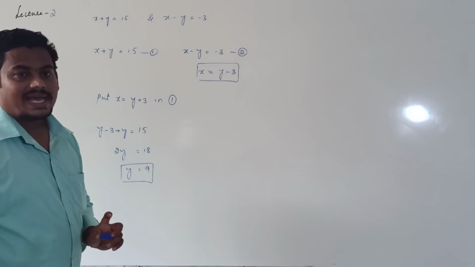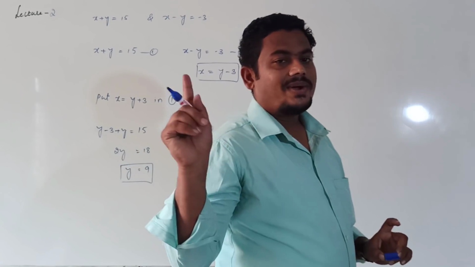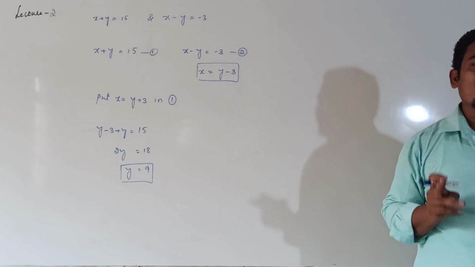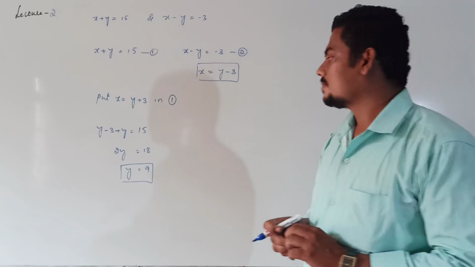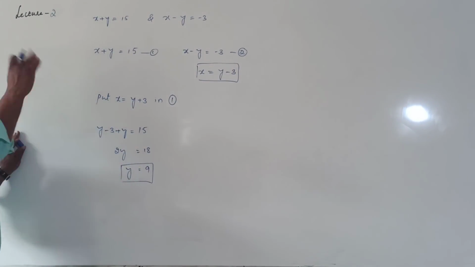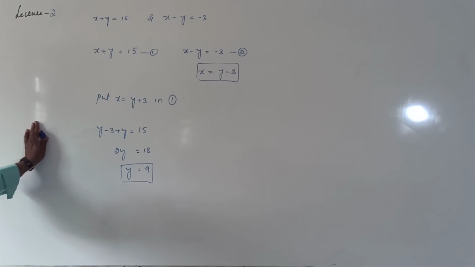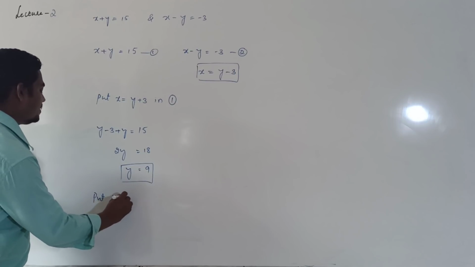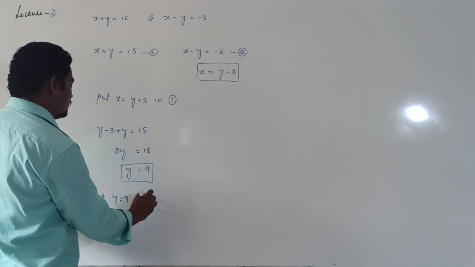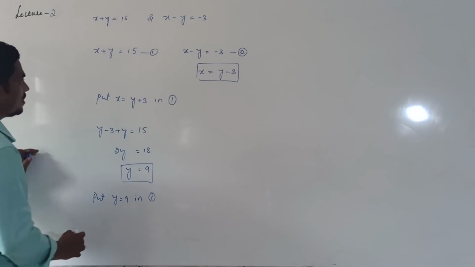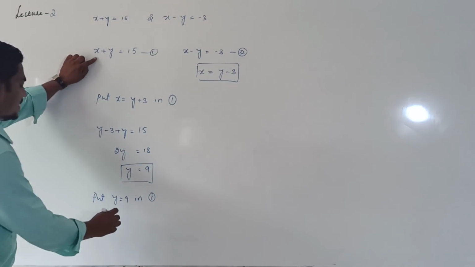After getting the y value, put the y value in equation number 1 or 2, then you get the corresponding x value. After getting any one of the values, put it in equation number 1 or 2. In this case, put y equal to 9 in equation number 1.